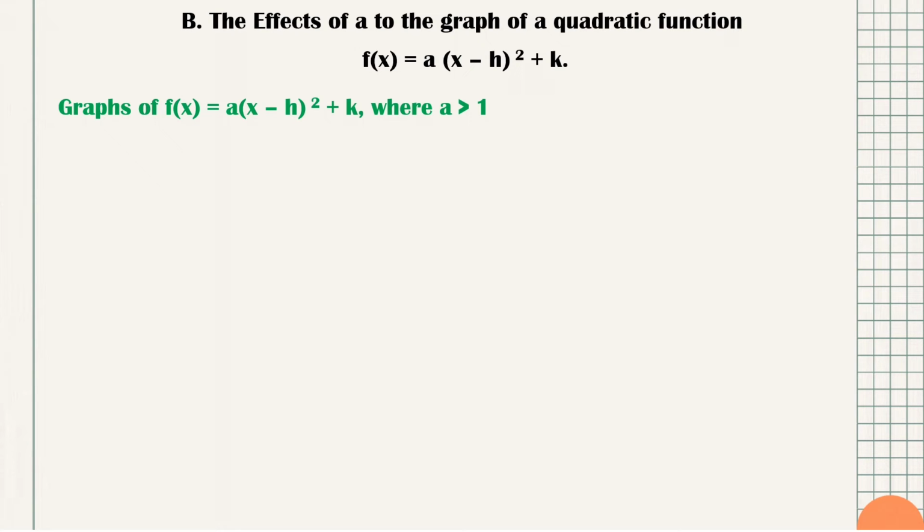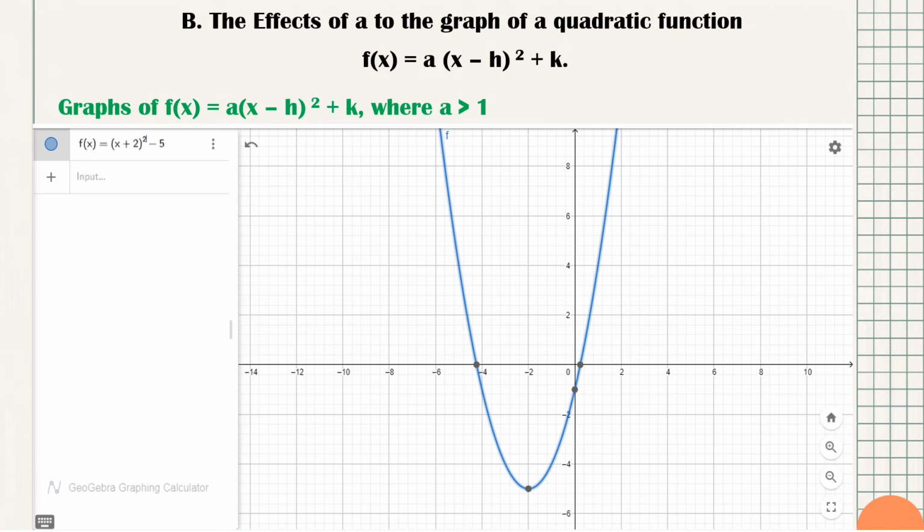Let's take a look at the graph of f(x) = a(x - h)² + k, where a is greater than 1. For our first equation, we have (x + 2)² - 5, where a is equal to 1. So the graph of (x + 2)² - 5 looks like this.